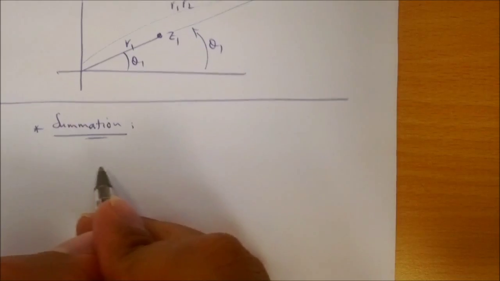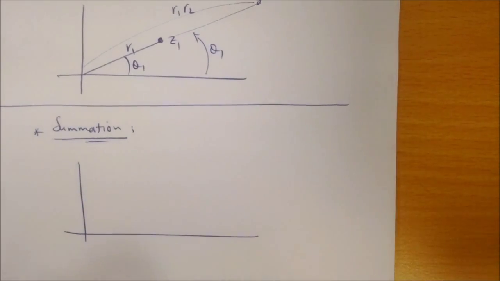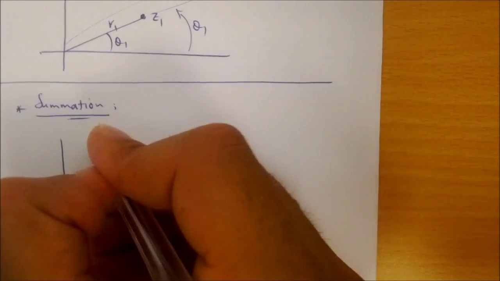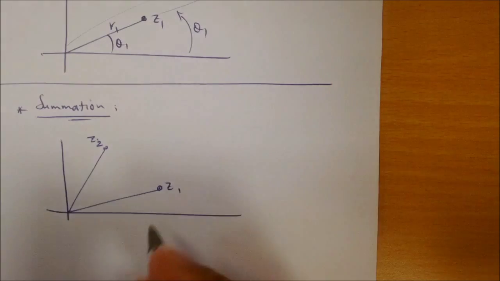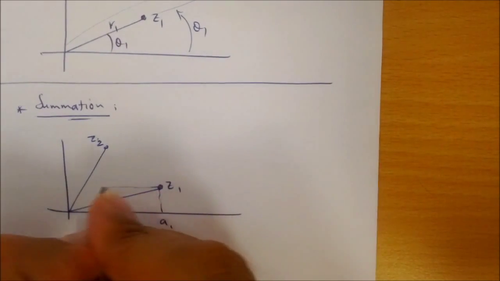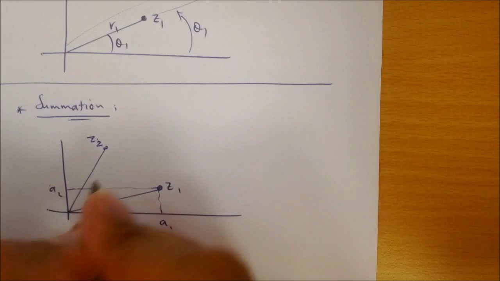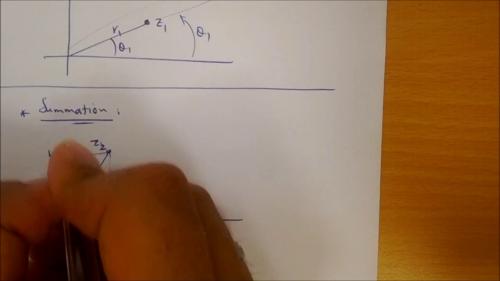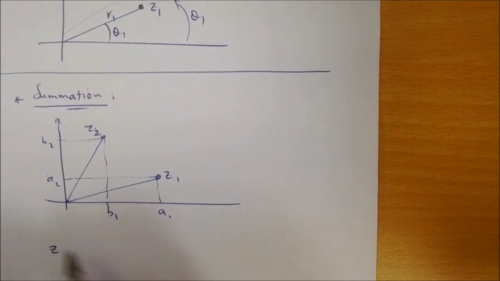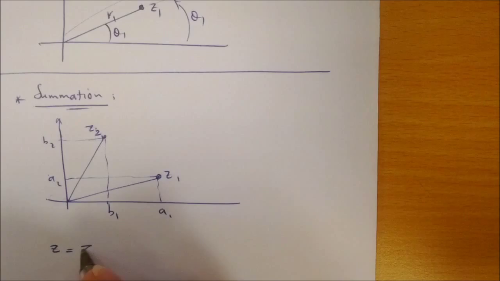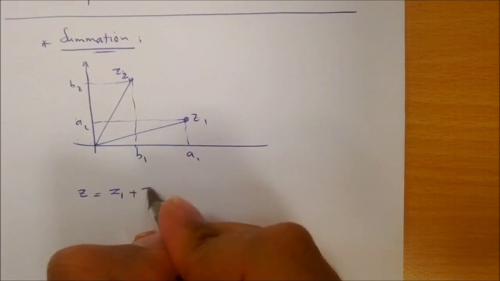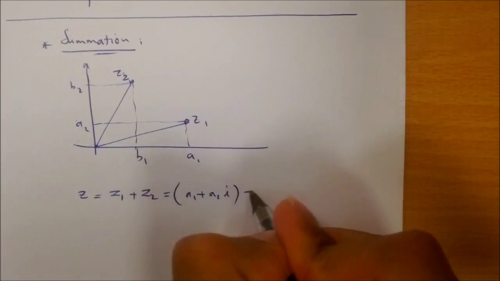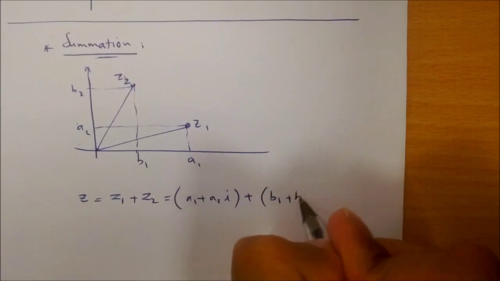If I want to add up two complex numbers, z1 and z2, with a1 and b1, and a2 and b2 as the components, simply z equal to z1 plus z2 will be (a1 plus a2) plus (b1 plus b2) i.